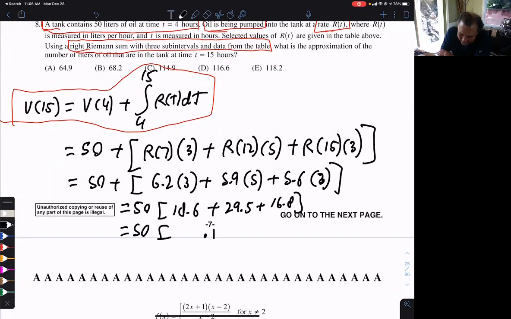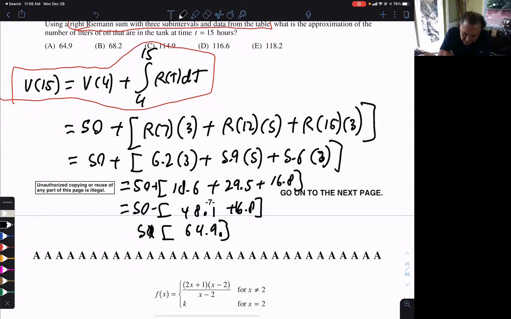So 1, carry the 1, 8, carry the 1, 4. And then I'm going to get 64.9 plus 50. Oh man, I almost added 50 twice, that would have been bad. So my answer should be 114.9.